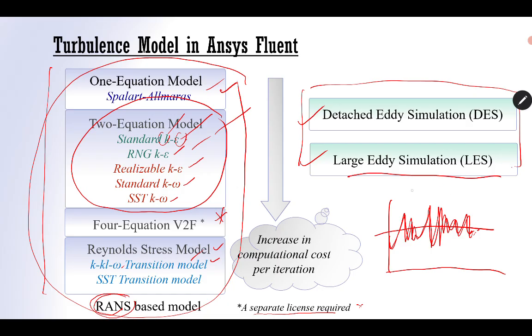If you look from the one equation model to the Reynolds stress model, there is an increase in computational cost per iteration. Similarly for detached eddy simulation and large eddy simulation, we need to use more computational cost because they do not average. They use each point of the velocity or pressure or whatever to calculate the properties that we want to calculate there.